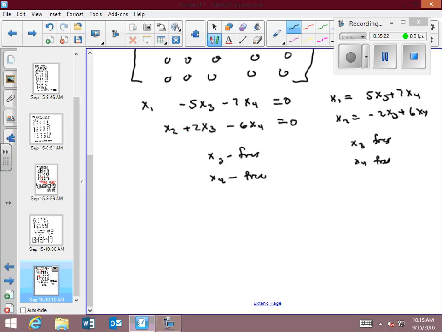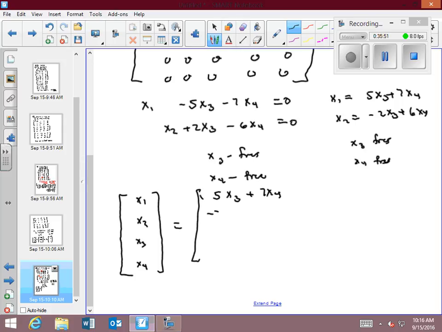So now my solution vector. Now, if it helps you, what you can do is write these as column vectors this way.